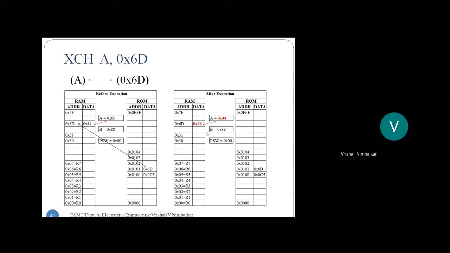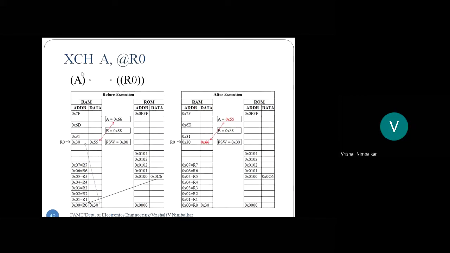Okay, byte exchange. And next, exchange A comma @R0, that is indirect addressing mode. It means data present in memory pointed by R0 is exchanged with the accumulator. So see, it is a 1-byte instruction. In the before execution table, there's only 1 byte, 100 hex, that's an address, and the instruction written is C6 hex.